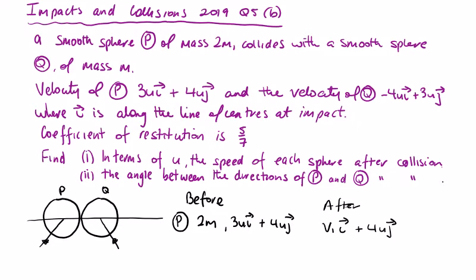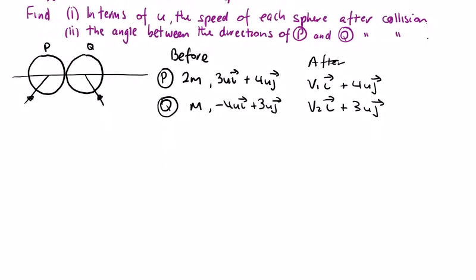And similarly with Q, there's going to be a velocity times i. The mass of Q is m. And we have a minus 4ui, which will change, and plus 3uj, which won't. So we can fill this information into our two formulas.